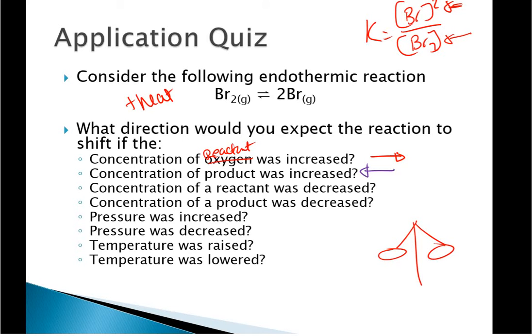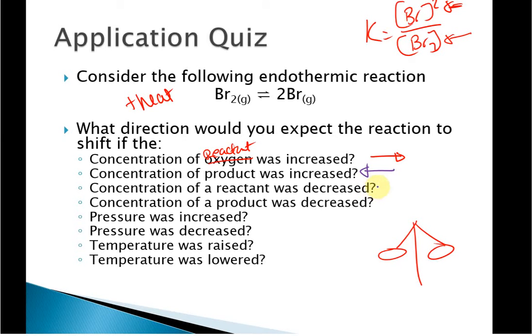Now, if we were talking about a reactant or a product being decreased, meaning you remove it, that is going to allow for a shift to make some of what you have removed. You ever had somebody, you're carrying in grocery bags or something, somebody comes and grabs a few for you, well, then you pick up some more, so you still have basically the same amount of weight.